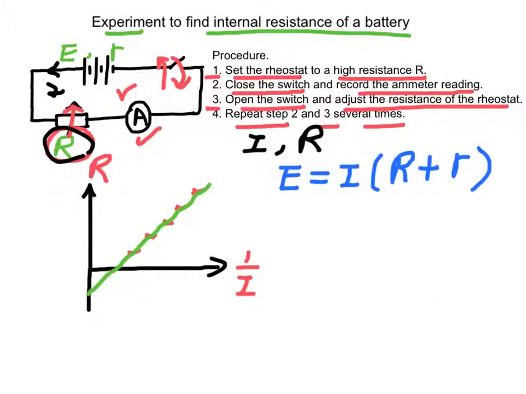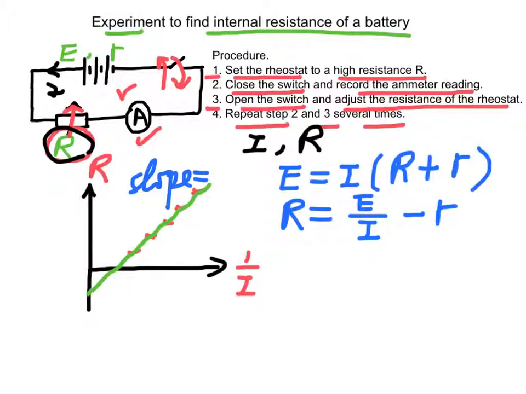We arrange the terms, we get R equal to E over I minus r. The graph shows that the slope of the graph is equal to the EMF of the battery, while the negative intercept represents negative of the internal resistance.